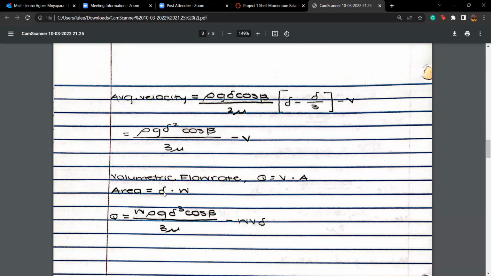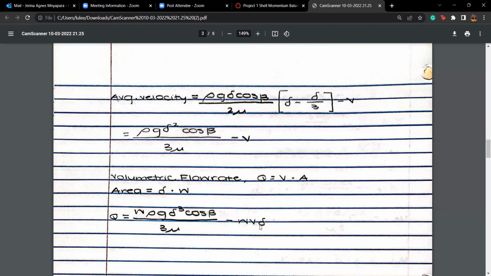Our cross-sectional area is delta times our width. And so we get our volumetric flow rate as W rho g delta cubed cosine beta over 3 mu minus our width times velocity times delta.